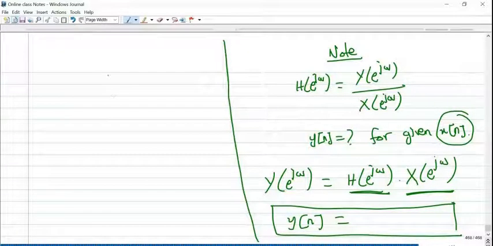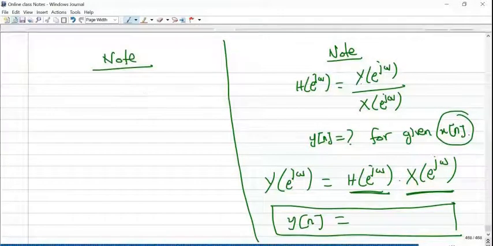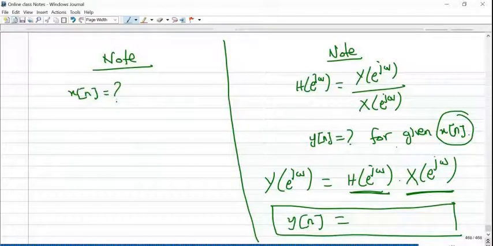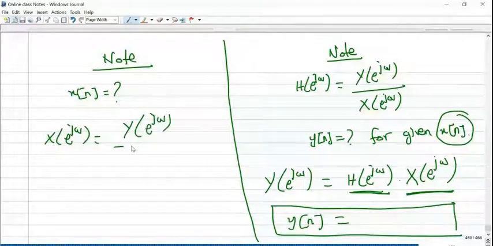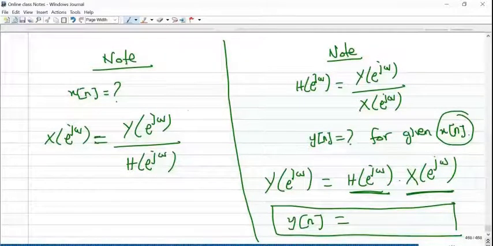Suppose, from the same expression, y of n is given. What is x of n? So X of e power j omega equals Y of e power j omega divided by H of e power j omega. Y of n will be provided. From y of n you can calculate Y of e power j omega, and H of e power j omega from the difference equation.